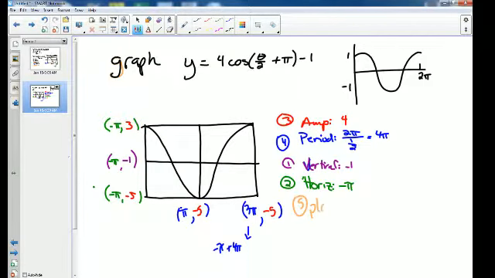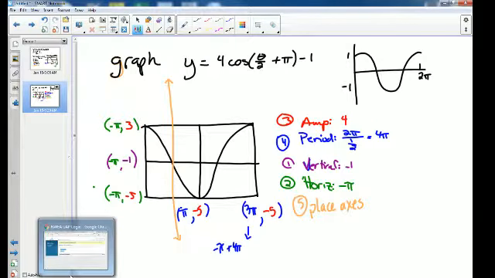Place our axes now. Do we have all the info we need? Where's the y-axis? This is not 0. Right there. X is the 0.